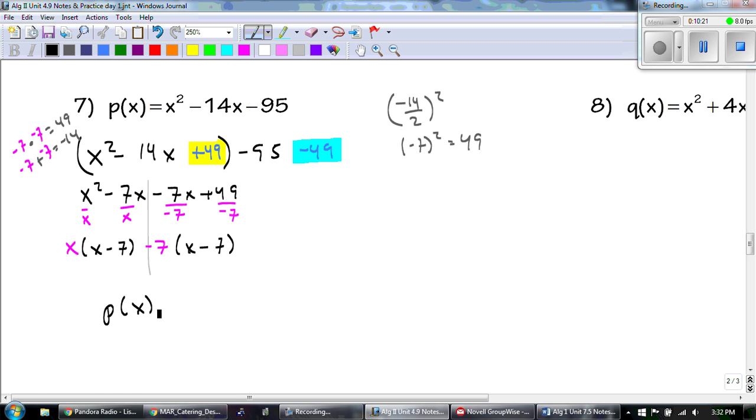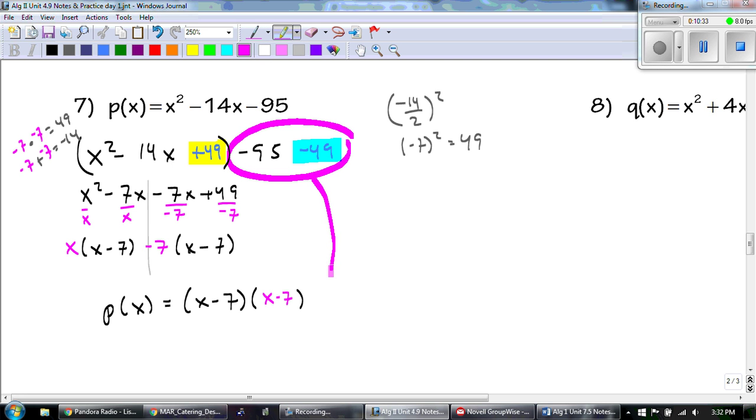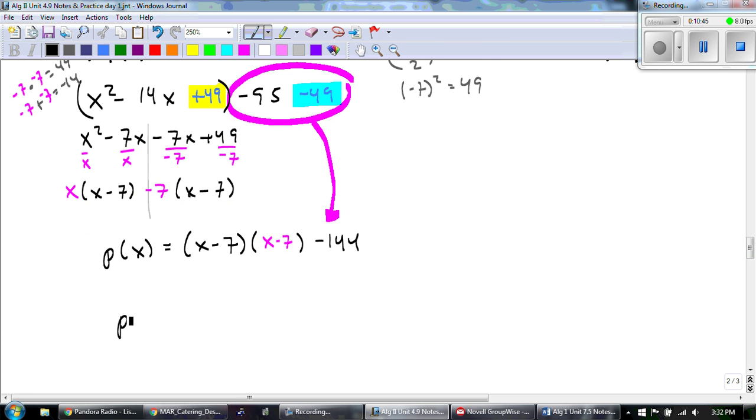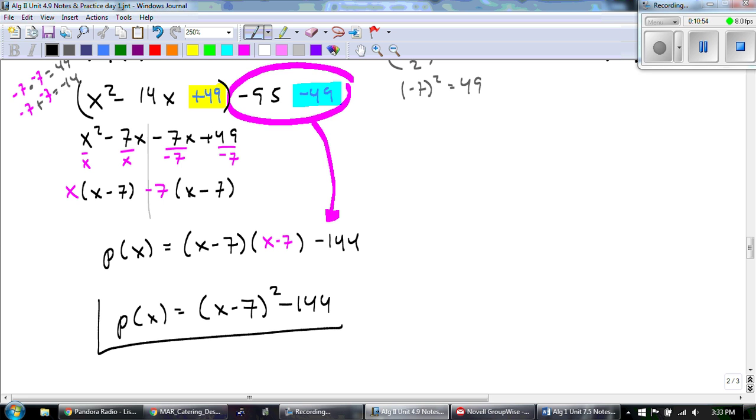So P of x equals x minus 7 times x minus 7. And then -95 minus 49 is -144. Okay, and the last step is to say that this is x minus 7 squared minus 144.